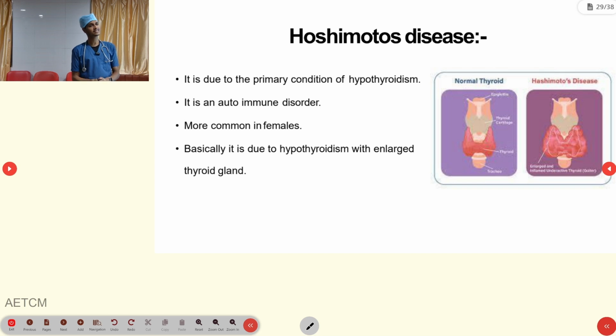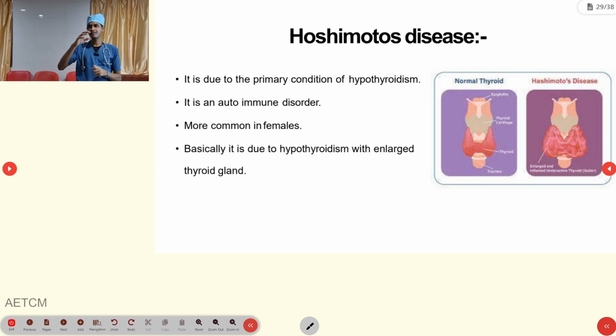And then the first condition in hypothyroidism is Hashimoto's disease. Hashimoto's disease is an autoimmune condition. Before Hashimoto's disease, first the person will develop Graves disease, which is a condition that comes under hyperthyroidism. Let me explain one by one.